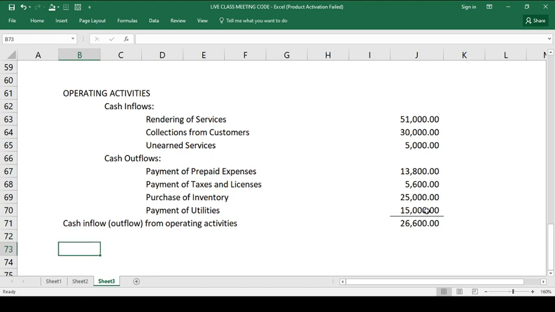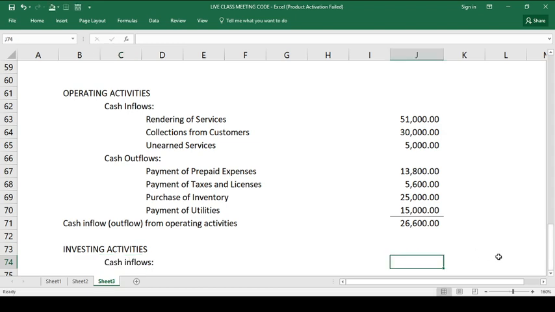Hindi pa po dyan matatapos ang preparation natin of the statement of cash flow, because we need to prepare the second group, which is the investing activities. So, same pa rin, cash inflows. Ano po yung mga cash inflows natin related to the investing activities?